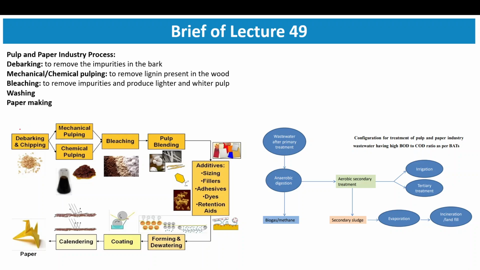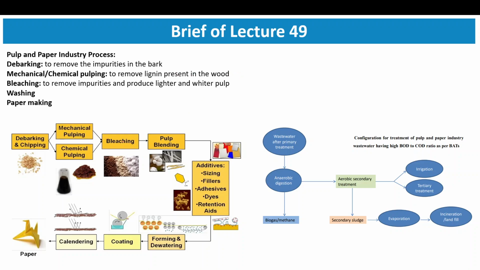First is debarking and chipping, where you convert wood into small pieces. Then there could be mechanical pulping or chemical pulping, but now chemical pulping is used majorly, where you add some chemical to convert this wood into a slurry pulp, and it is further used to remove the lignin which is present in the wood.